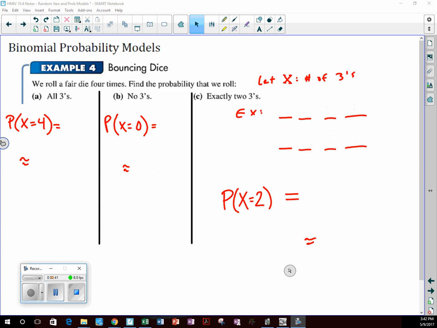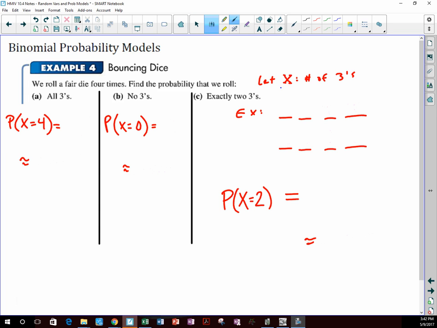So, example 4 says, imagine you roll a die 4 times, find the probability that we're going to roll all threes, no threes, and then exactly 2 threes. Just related to what we did in our last video, I have let x equal the number of threes that we're going to roll. That's our random variable.